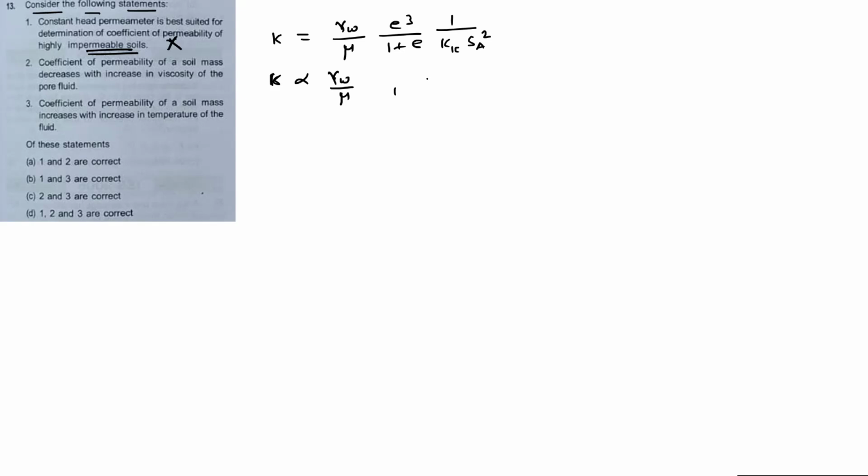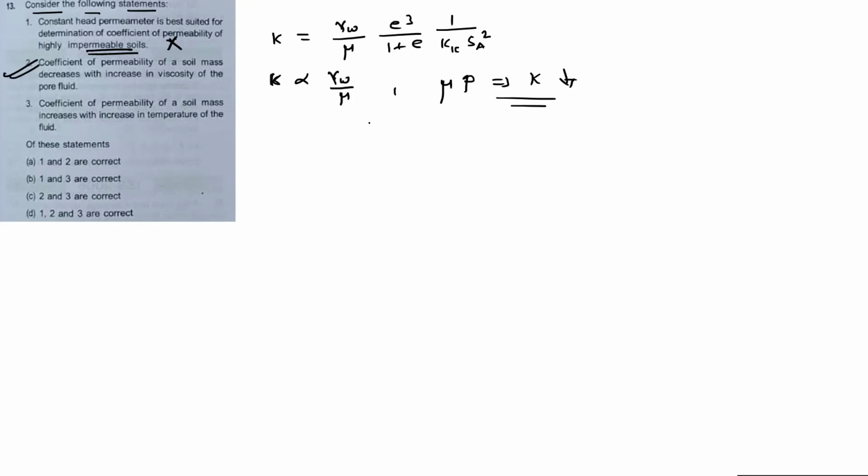So K is directly proportional to gamma W by mu. The coefficient of permeability of soil mass decreases with increase in viscosity. So as viscosity increases, this implies that permeability will decrease. So this statement is correct. Now, coefficient of permeability of soil mass increases with increase in temperature of the fluid.